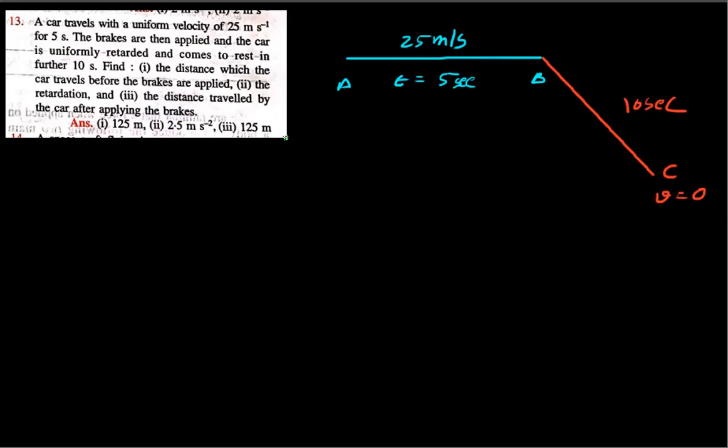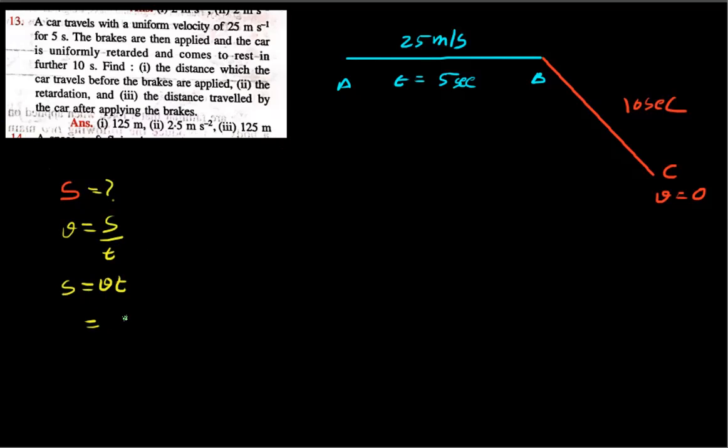The first thing is the distance which the car travels before the brakes are applied. That means we have to find the displacement from A to B. So first of all, we know velocity equals displacement upon time. So displacement equals velocity multiplied by time.